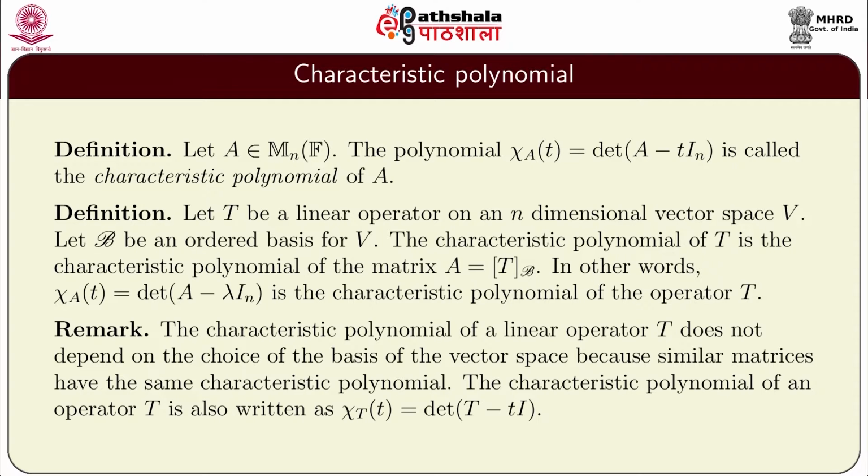Then the determinant of A minus T In is going to be a polynomial in T with coefficients from F, and that polynomial is usually denoted by the symbol chi A of T, and it is called the characteristic polynomial of A.